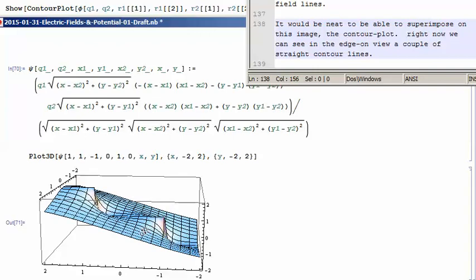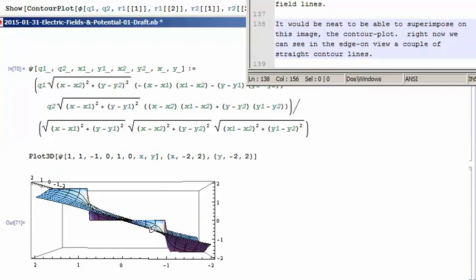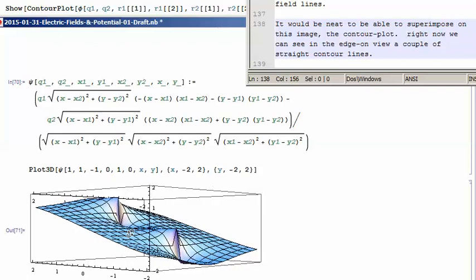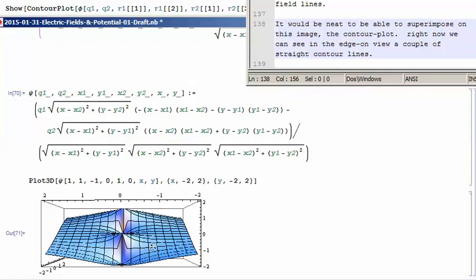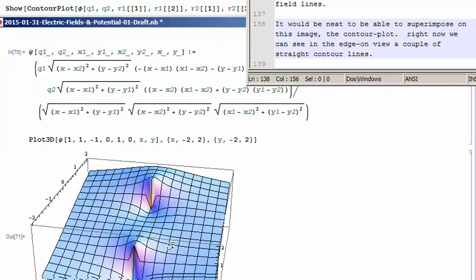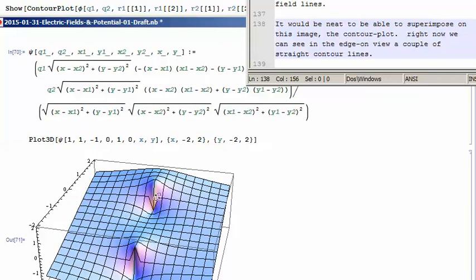Right now, we can see in the edge-on view that that contour line is straight, and this one that goes between the charges is straight. But it would be kind of neat to be able to see the curved contour lines that would come around.